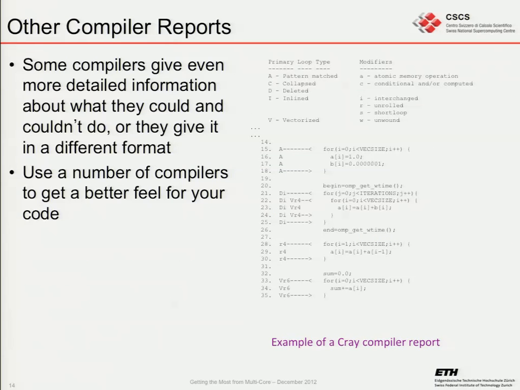Other compilers give other reports, and Sadaf will show an example of this shortly, probably just after the break. So you can get other reports which may be in a nicer to read format. As Ben said, one of the problems with some of the compiler reports is they can be a bit cryptic and you don't necessarily know what's going on.